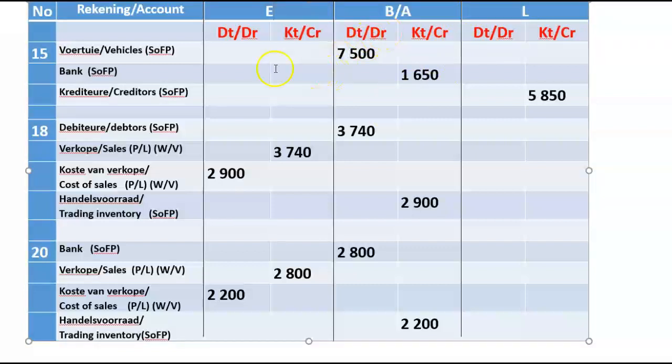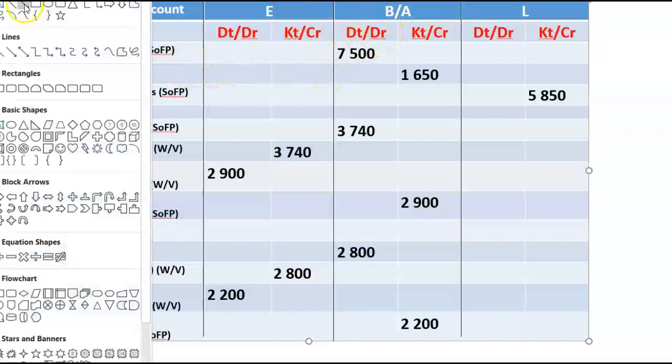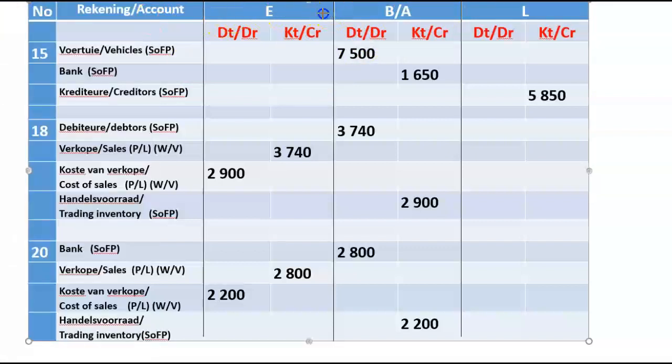So what happens on this side should equal what happened on that side. So let's insert here for ourselves, just as a reminder, a little arrow. So what happens there should be the same as what happens on the other side. And the other side being this side here.